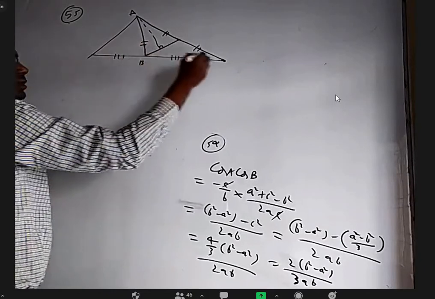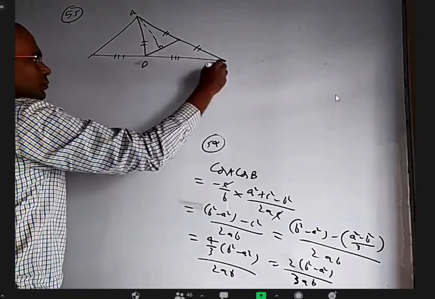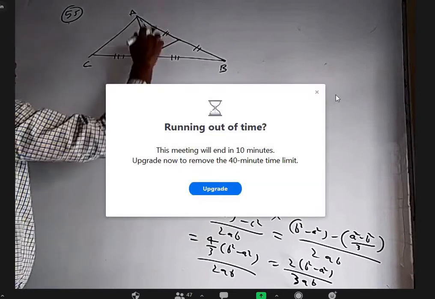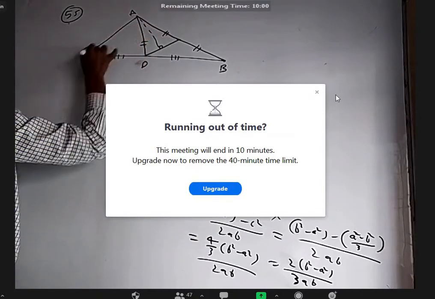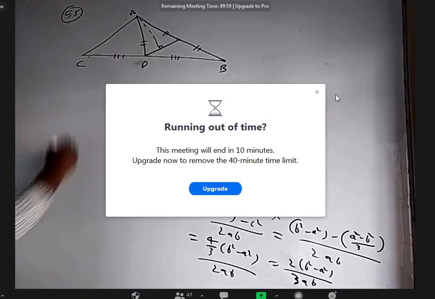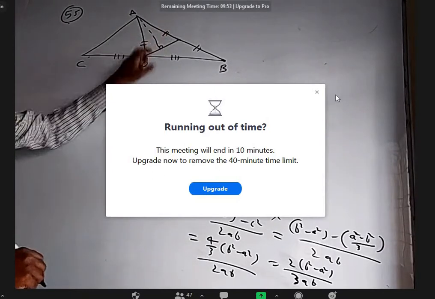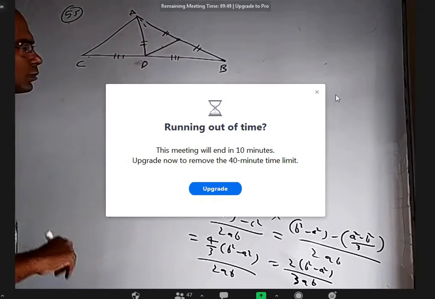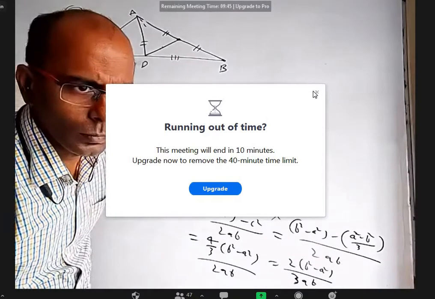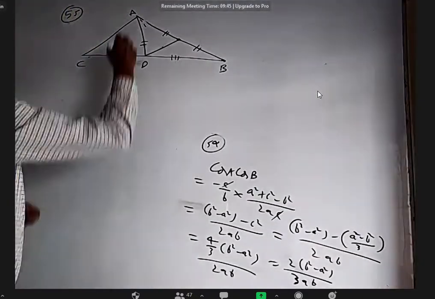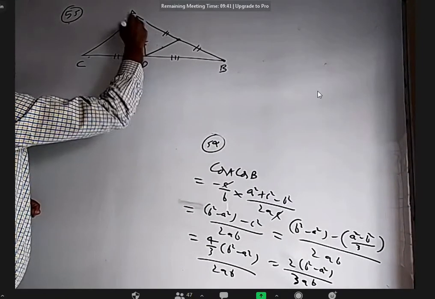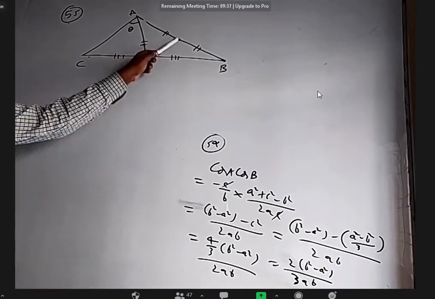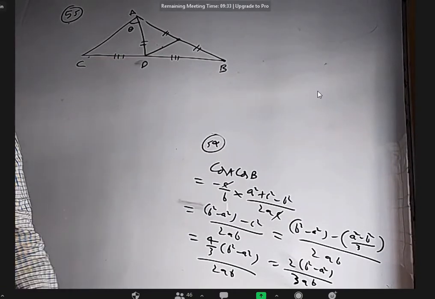This is A, B, A, D. This is C, and this is the midpoint, and these two are parallel. And these two are equal if I draw. Of course, they should be half of this AC. Any uses there?